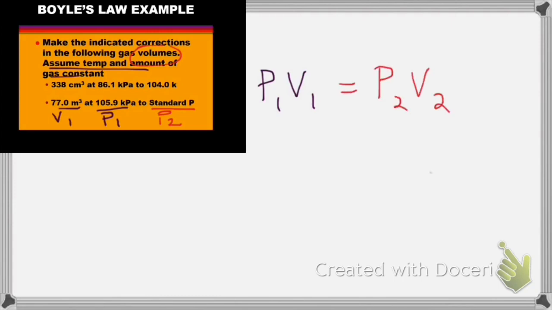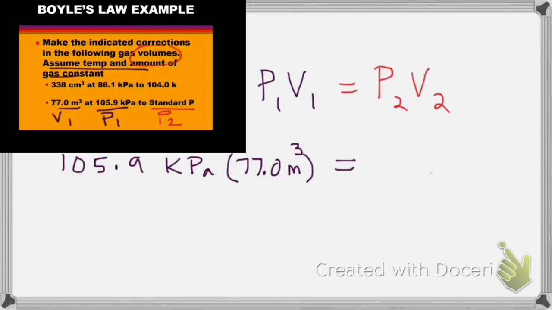And now we just plug in all our variables and check that units are good. So we have 105.9 kPa times 77.0 meters cubed. And on the other side, we are going to have 101.3 kPa.